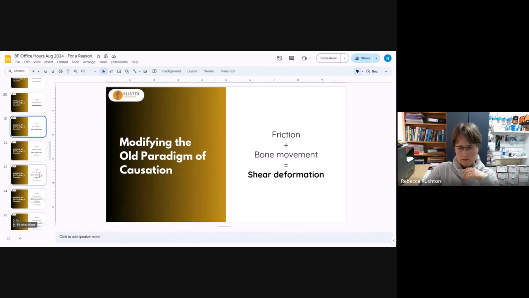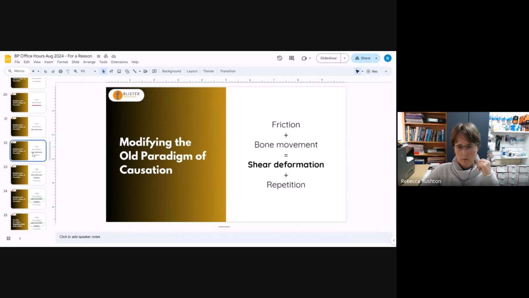Shear deformation, one or two episodes of shear deformation isn't going to cause blisters. When it's repetitive, that's what leads to the intraepidermal fatigue within the stratum spinosum. The connections between the cells fatigue and they basically give up the ghost. They snap, the cells die, and that creates a void and fluid fills that area within 2 hours to become a friction blister.